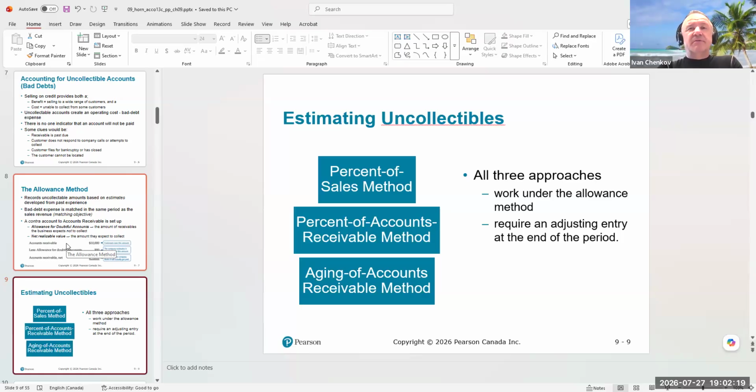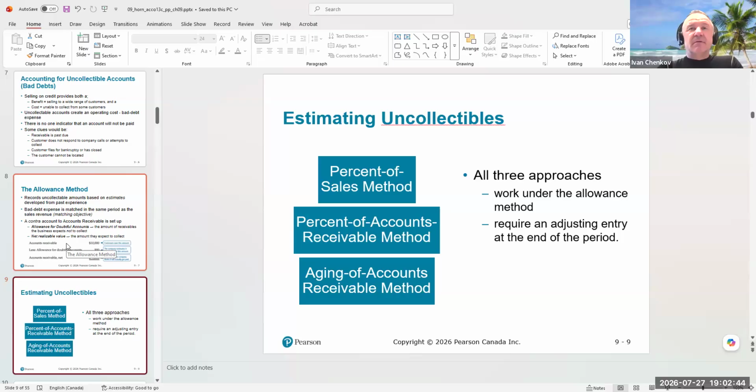The other one is percentage of accounts receivables. The third one is the aging method. The first one is the allowance method, which directly calculates the allowance, whereas the second and third will require an adjusting entry because those methods calculate the ending balance for the period.